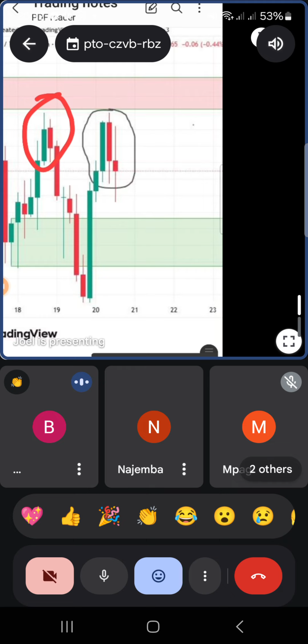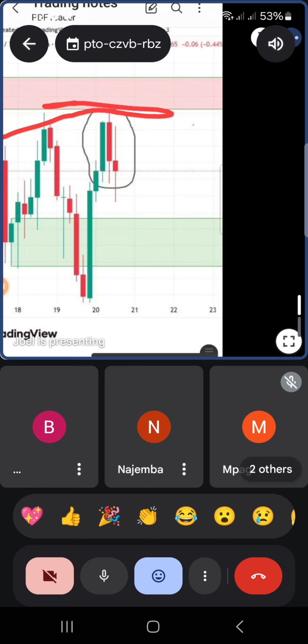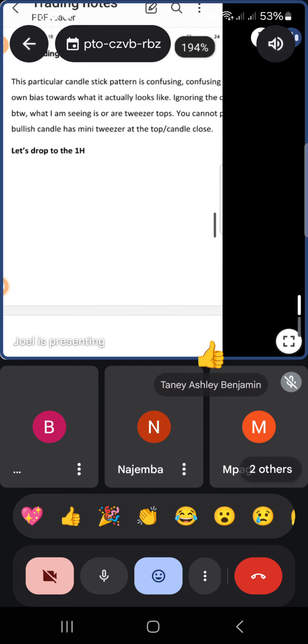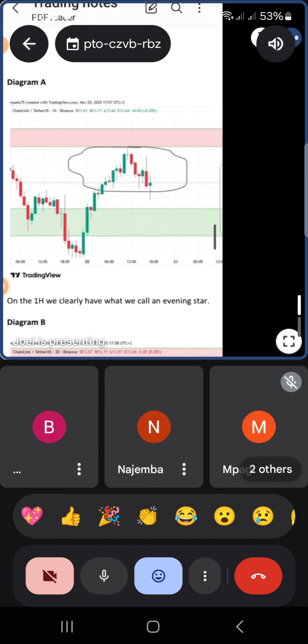This is also a tweezer top. That's the 4 hour time frame. And remember, it is near my supply area. This red part here is my supply. So now if I go down to a lower time frame, the 1 hour.